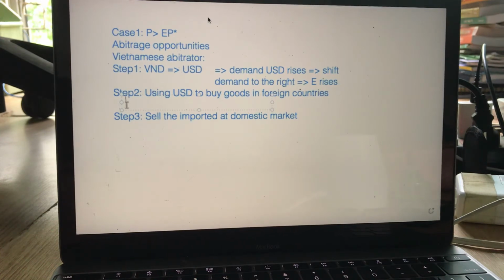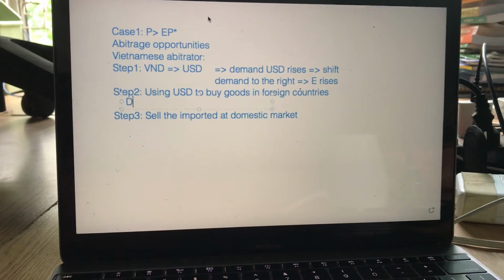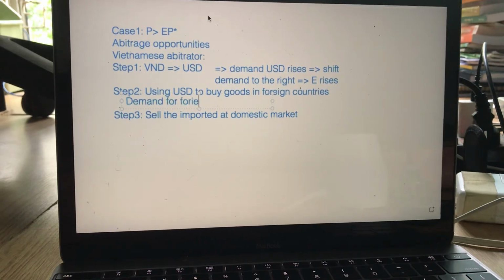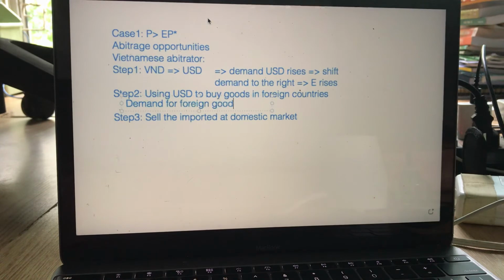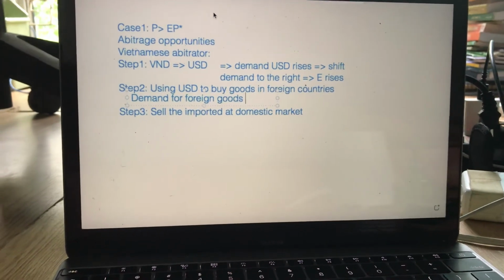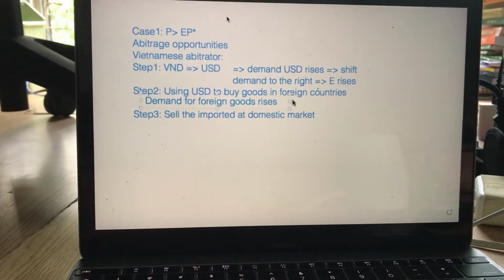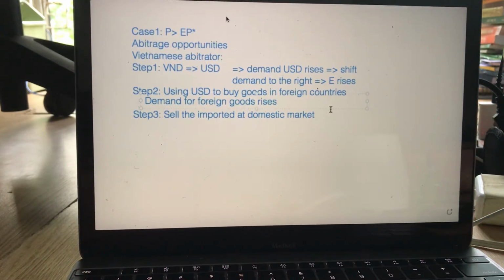I think at step two, when using USD to buy goods in foreign countries, the demand for foreign goods will increase, and as a result P star will increase. Okay, the demand for the foreign good increases, and it shifts the demand curve to the right, and then P star increases. Right, P star increases.